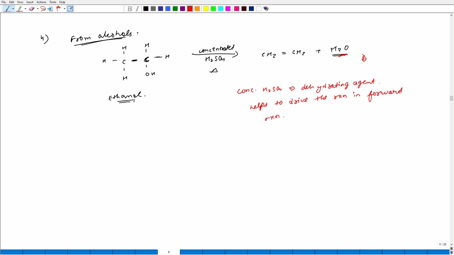Okay. Now, what will this reaction be called? What is happening in this reaction is a removal of water. So, removal of water is known as dehydration.